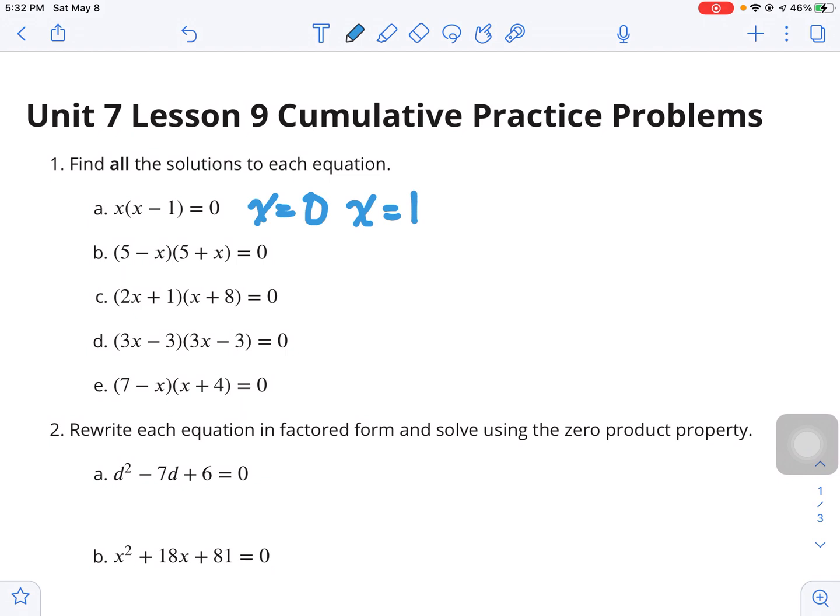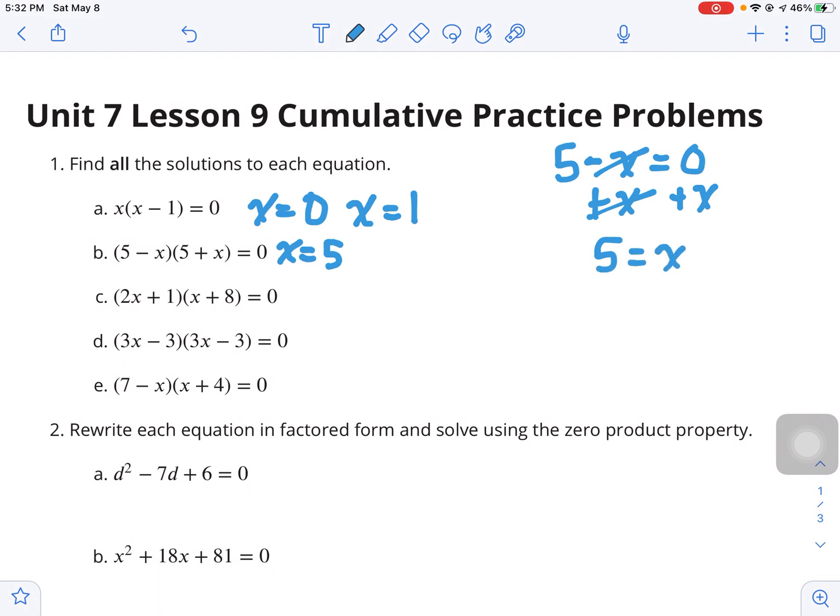On the second one, I'd have 5 minus x equal to 0. We can kind of tell that that's going to be x equal to 5, but just to go through the equation solving here, I would add x to both sides, so then you don't have to worry about a negative x. So you get 5 is equal to x, which is the same as x equal to 5.